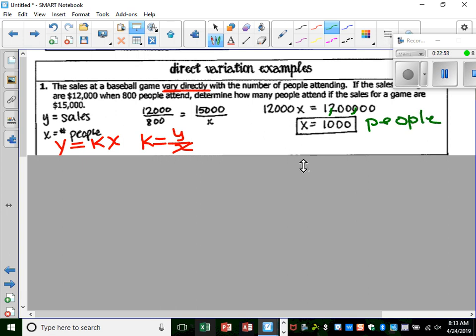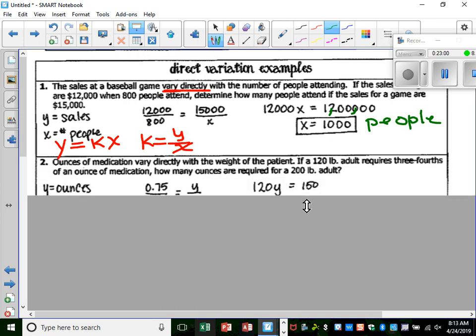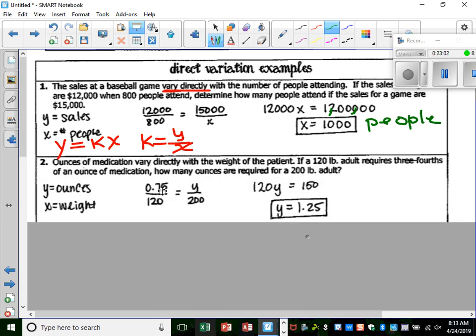All right. Let's take a look at number 2. Again, you got to set it up so you know ounces of medication is going to be your Y, varying directly with the weight of the patient, so that's going to be your X. The first thing mentioned in this one was your ounces, so that's your Y over your X, which is weight.